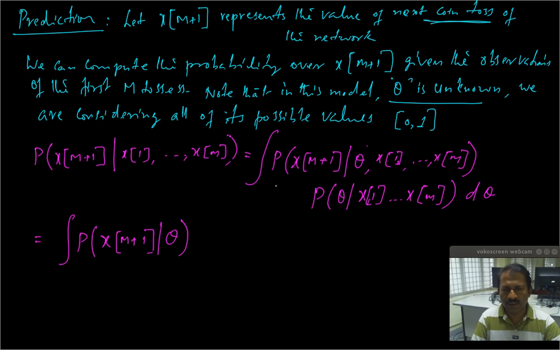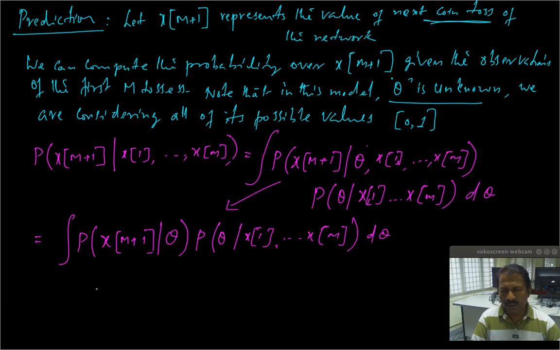So I can write this, so conditionally independent, right? This is conditionally independent. So this is the probability of some factor given something, comma, something, and this is independent, then you can avoid this, right? So that is why I have written like that. And then P of theta given the data x1 up to xm, d theta, right?